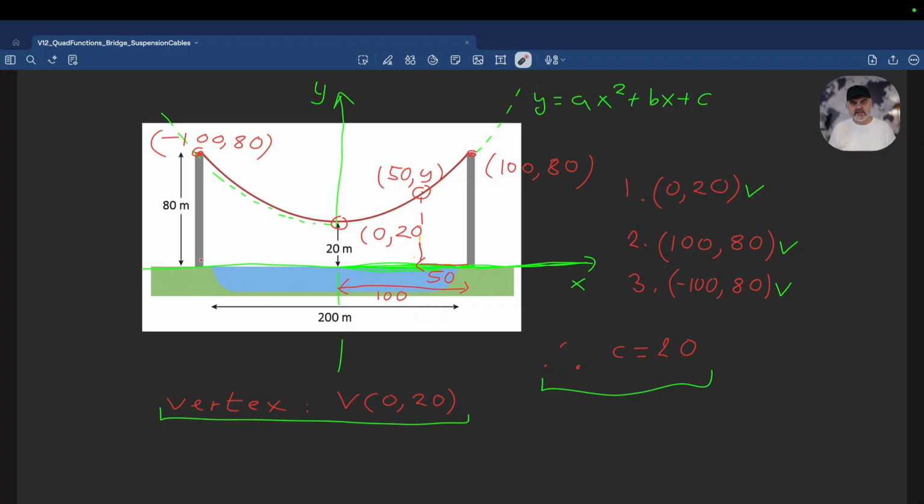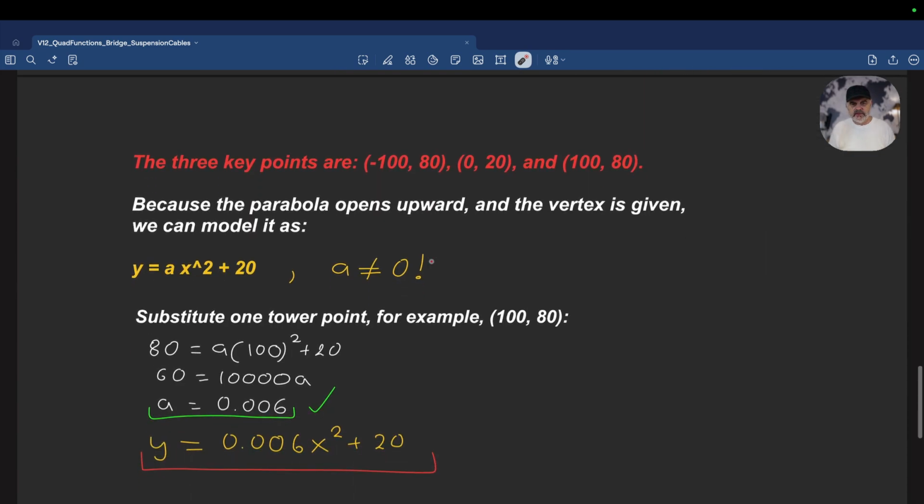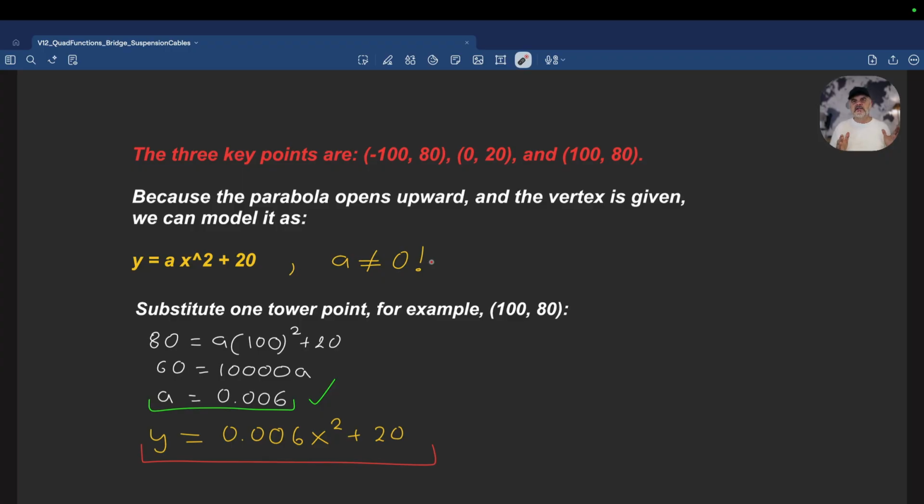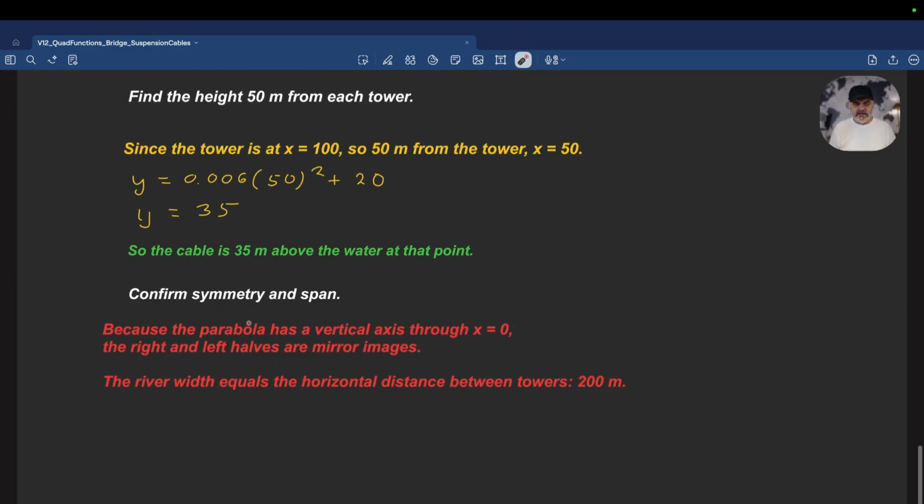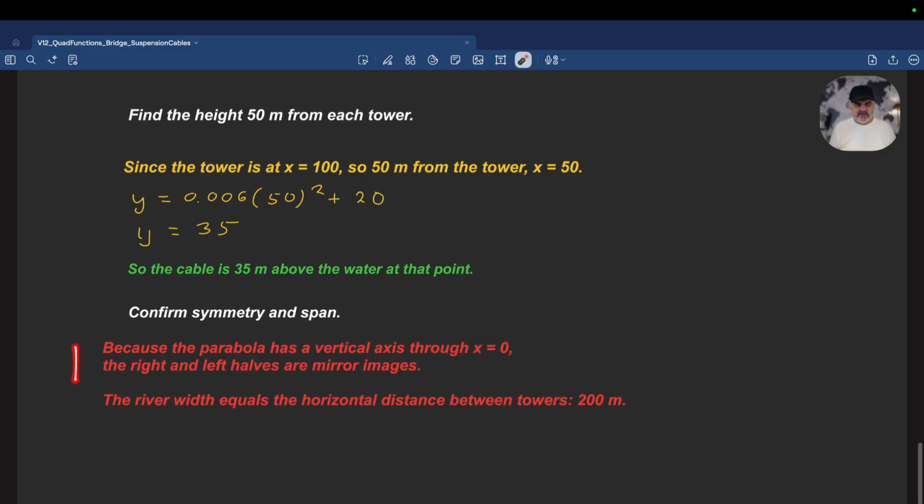If the towers are located 200 meters apart, the width of the river would also be comparable to that number. They want you to confirm that the width of the river is in between those two towers, so it cannot exceed 200 meters. Because of the symmetry, we conclude that the river width is also 200 meters.